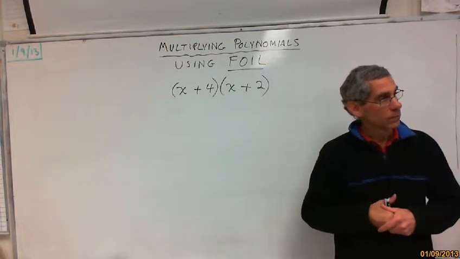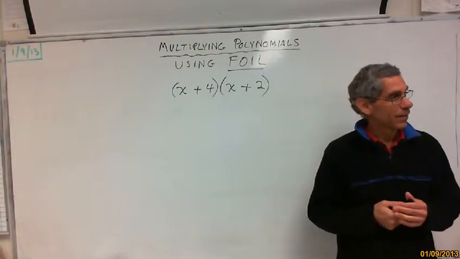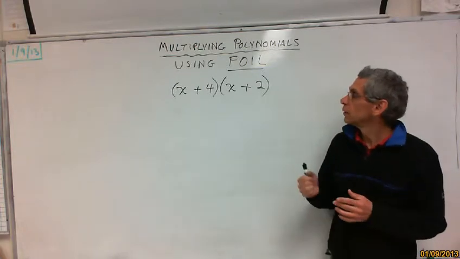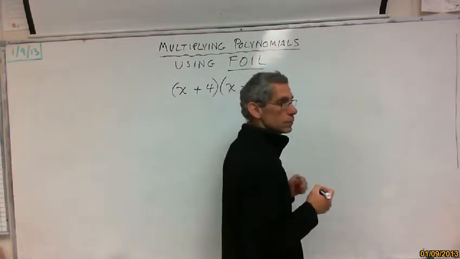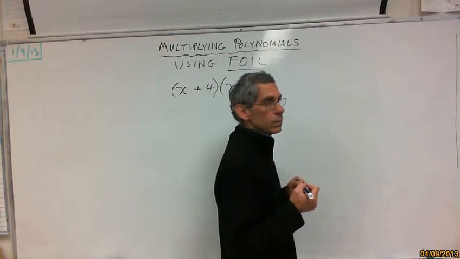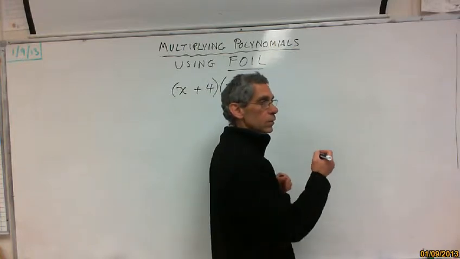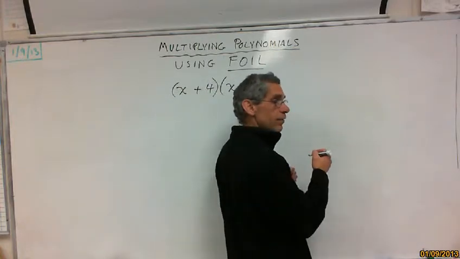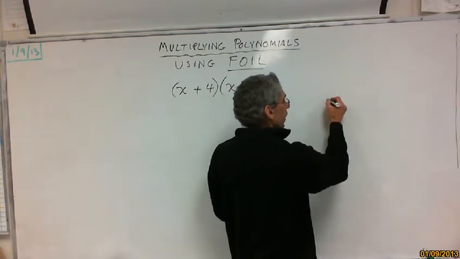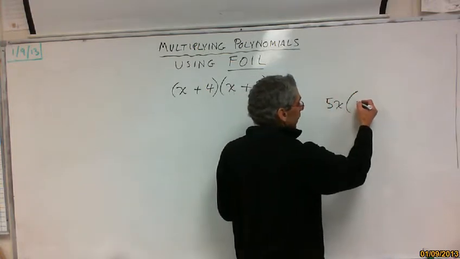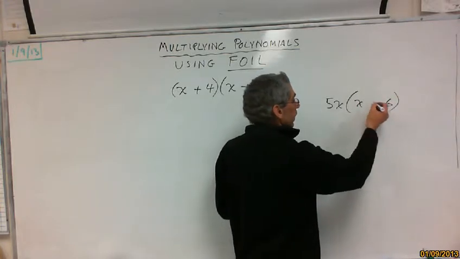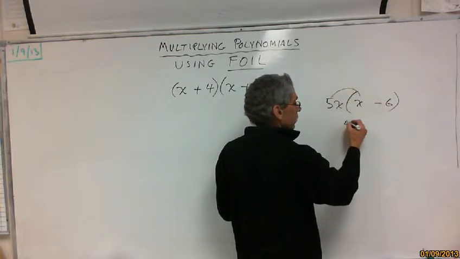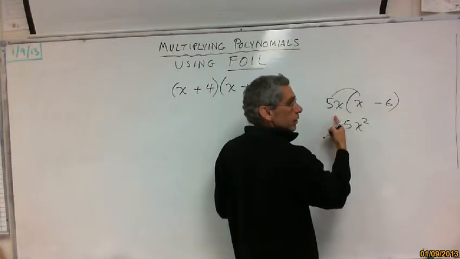Yes? I have a question on last night's homework. What if it is like 5x and then you do the distributive property to the negative? So if you had 5x times, say, x minus 6, then this would be 5x squared, right?